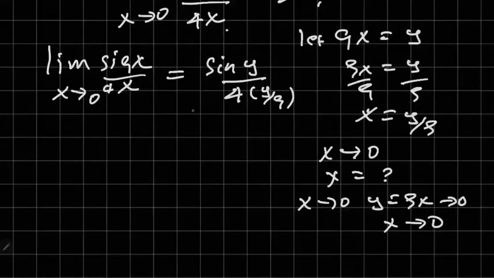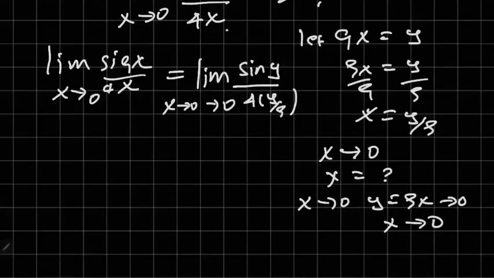So the limit is not changing. So this limit turns to the limit of sine y over 4 times y over 9 as y goes to 0.